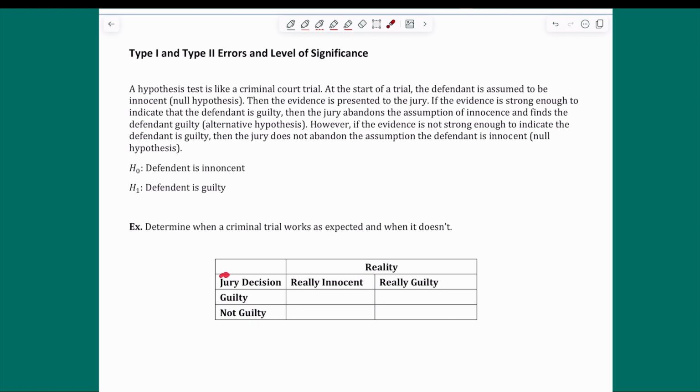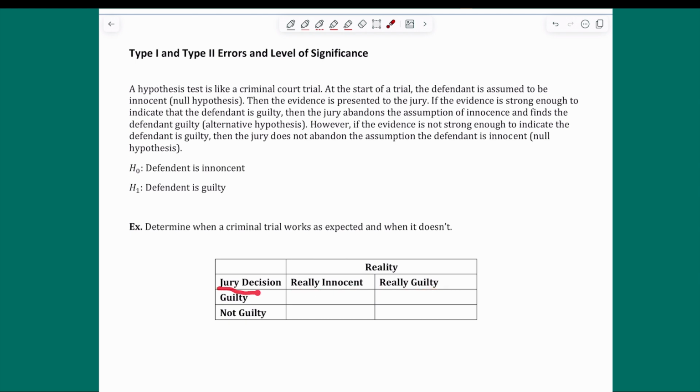So the jury decides the defendant is guilty or not guilty, and then there's the reality. This is what we never really know. Only some higher being like God will know the reality. So they're really innocent or really guilty.